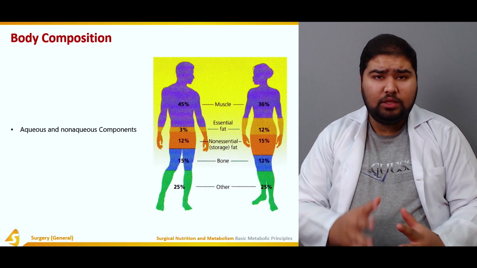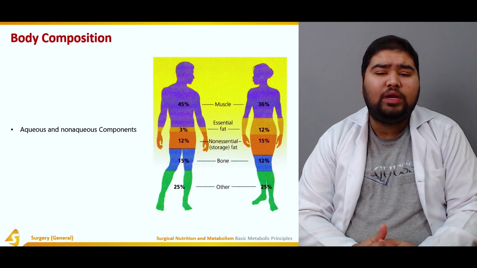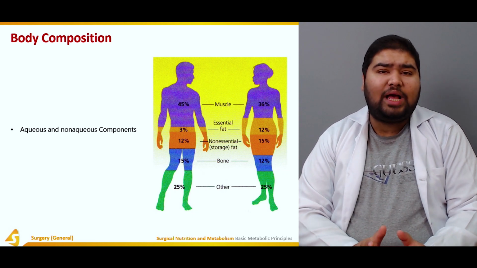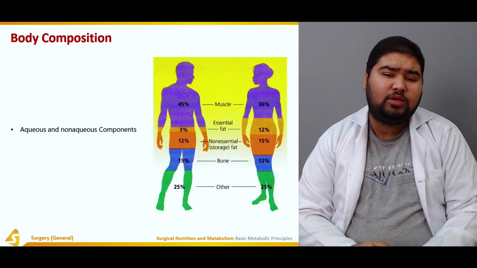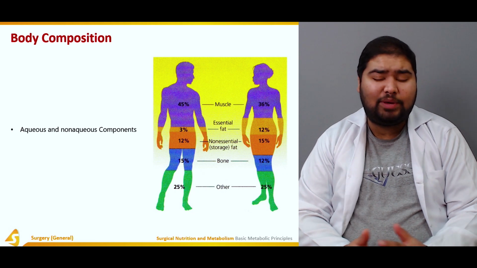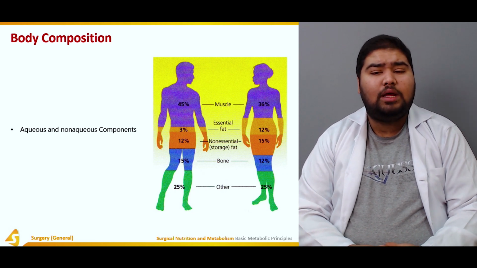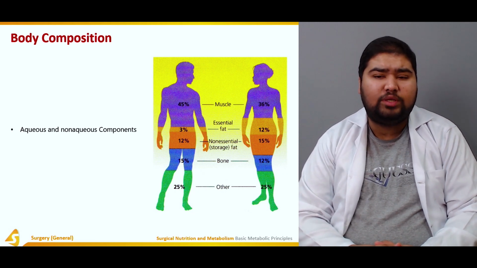So the human body can be divided into an aqueous portion and a non-aqueous portion. The aqueous portion is about 65% of the human body. The non-aqueous component is slightly less, about 35%. The bone as well as the fat component of the body forms the non-aqueous part.